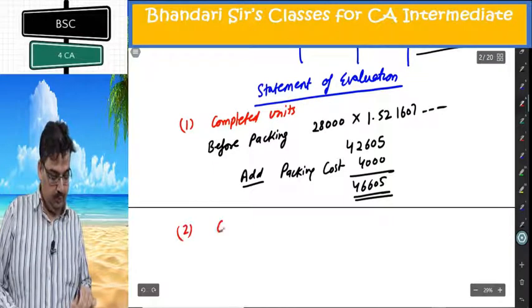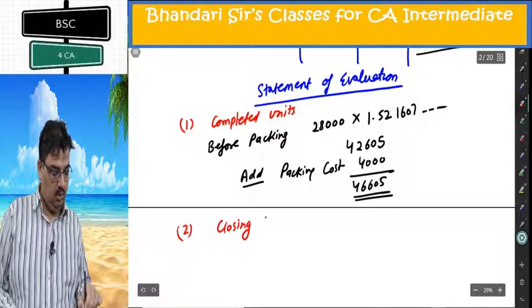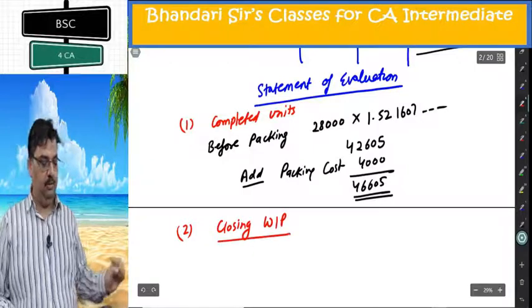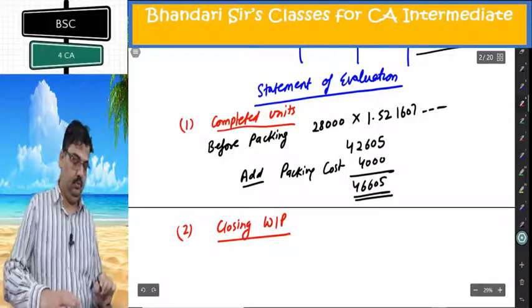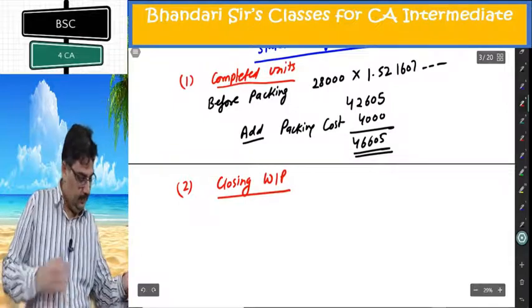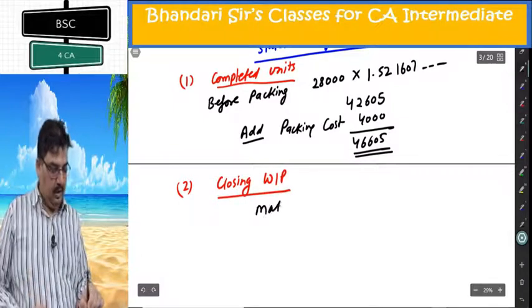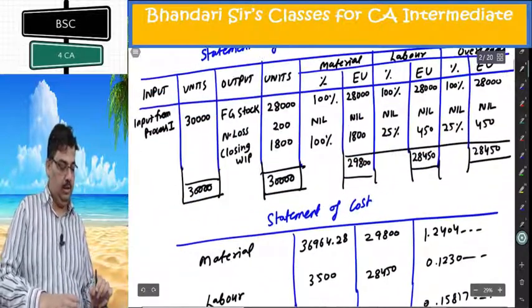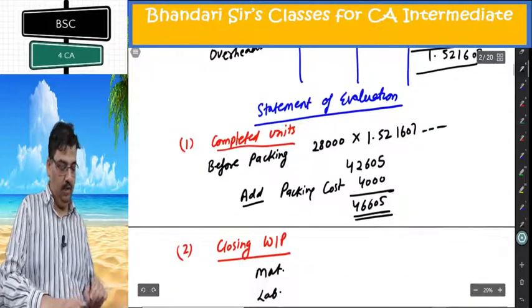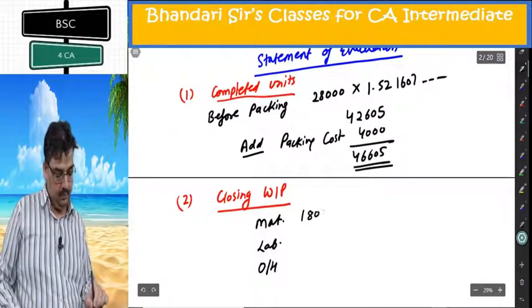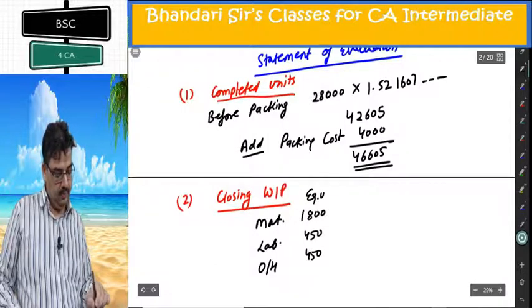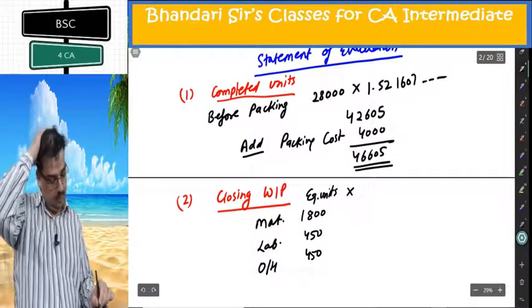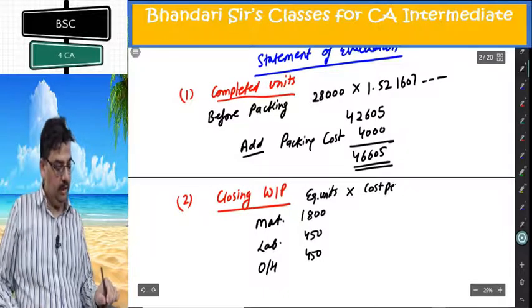Number two, closing WIP. Material, labor, overheads. Equivalent units 1,800, 450, 450, multiplied by cost per equivalent unit.